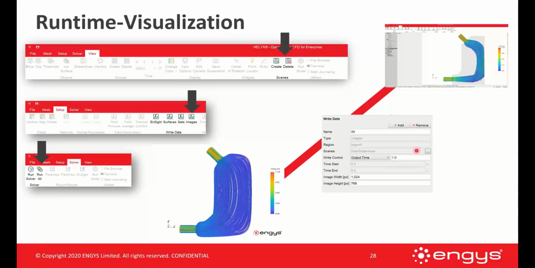And really all we have to do is include whatever scenes we want to write. Then we control how often that image is going to be written, start time, end time, and some information about the images that are being output. And then from there, we actually just need to run the simulation.